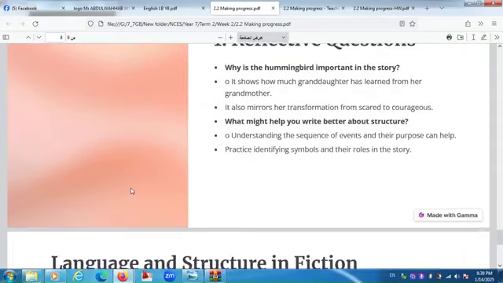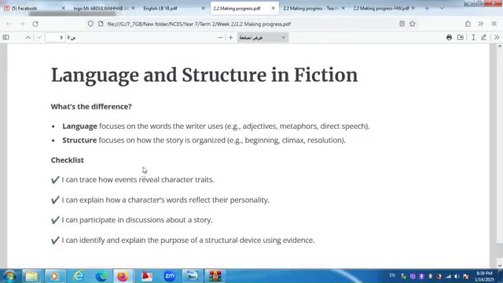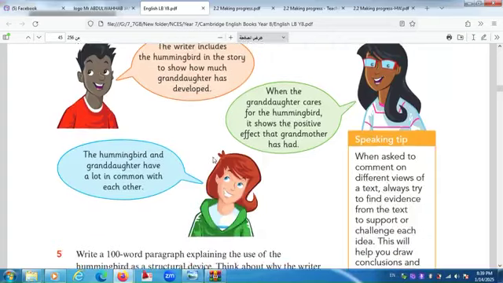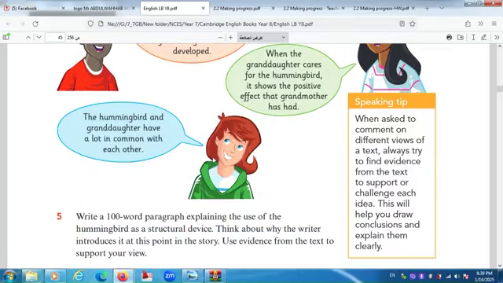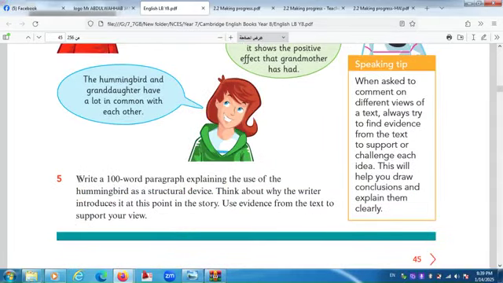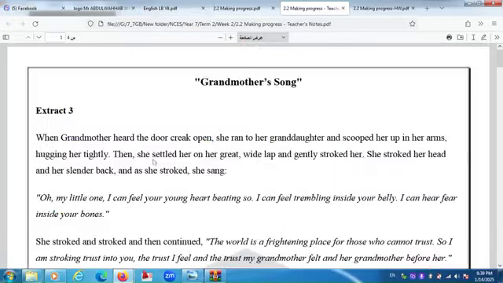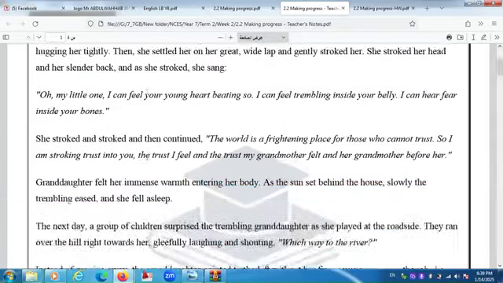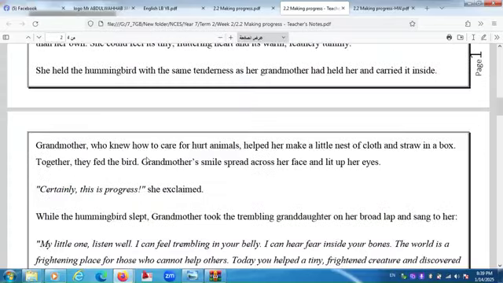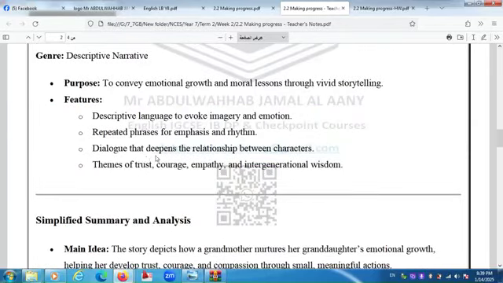And then we identified and explained the purpose of the structure inside the story, and we gave evidence of them. Now that question is very important: a reflection on how to use the hummingbird as a structural device. I'll go to the notes, I'll talk about the words, extract 3 and extract 4.